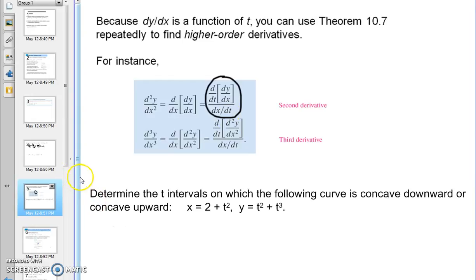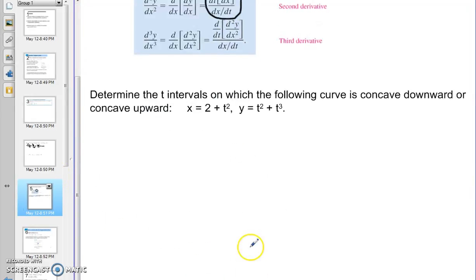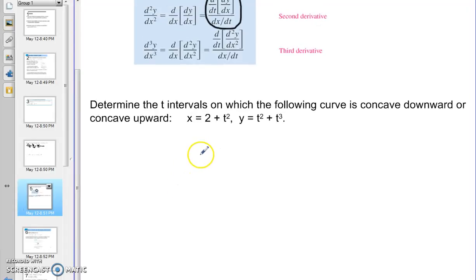Okay, so let's try that out on this one below. Here we go. Determine the t intervals on which the following curve is concave downward or concave upward.